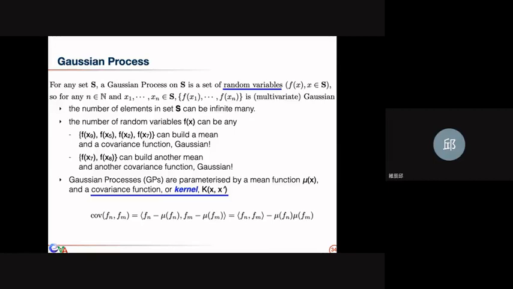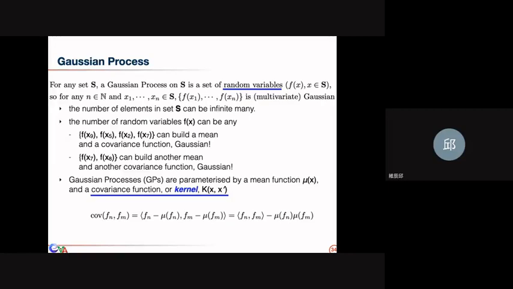So for example, you have two random variables, fn and fm. You try to compute their covariance, right? And it can be computed this way: fn minus mu of fn, in the product with fm minus mu of fm. This is the mean, actually. Minus the mean, and the inner product.